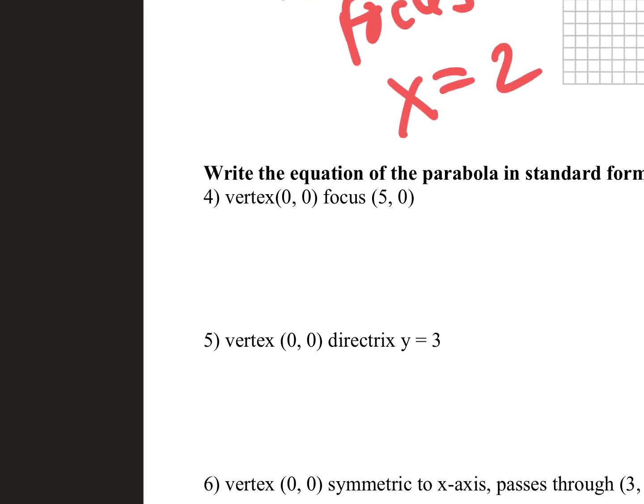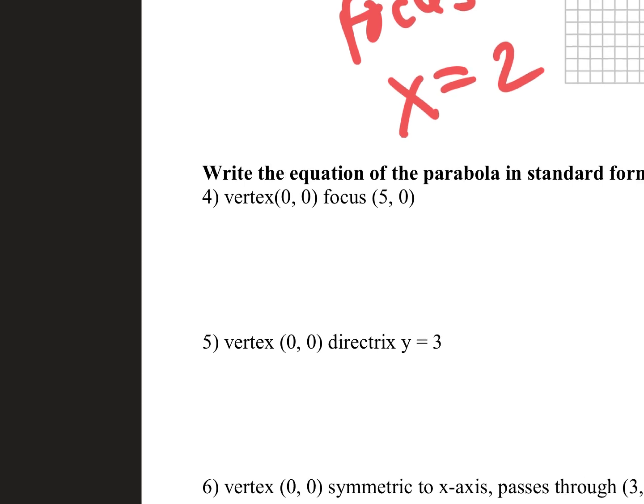So here we go. Let's write the equation of our parabola. Let's think about what we're looking at. It says parabola, so I know it's a parabola. My vertex is at 0, 0. My focus is at 5, 0. Think about this, guys. This is your focus. You're at the origin, and you're opening to the right. You're opening towards the focus, so your p-value is positive. How far are you from the vertex to the focus?